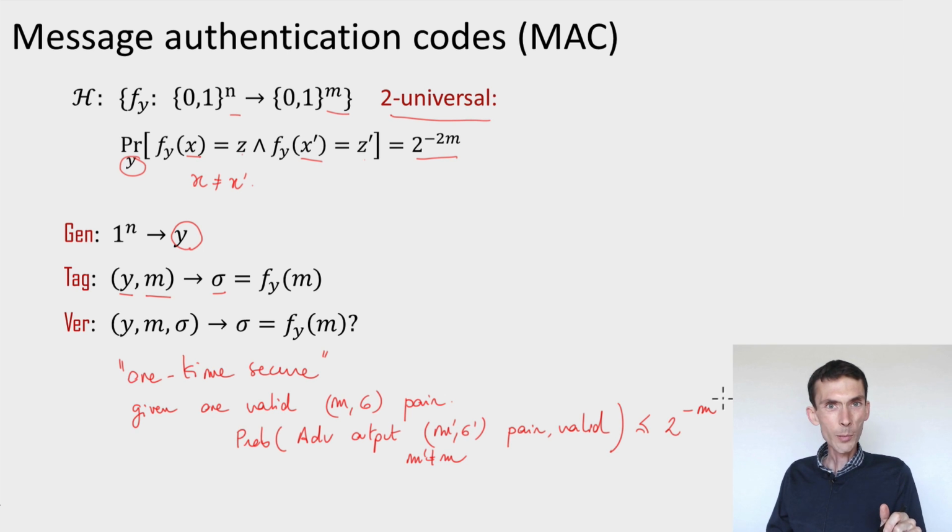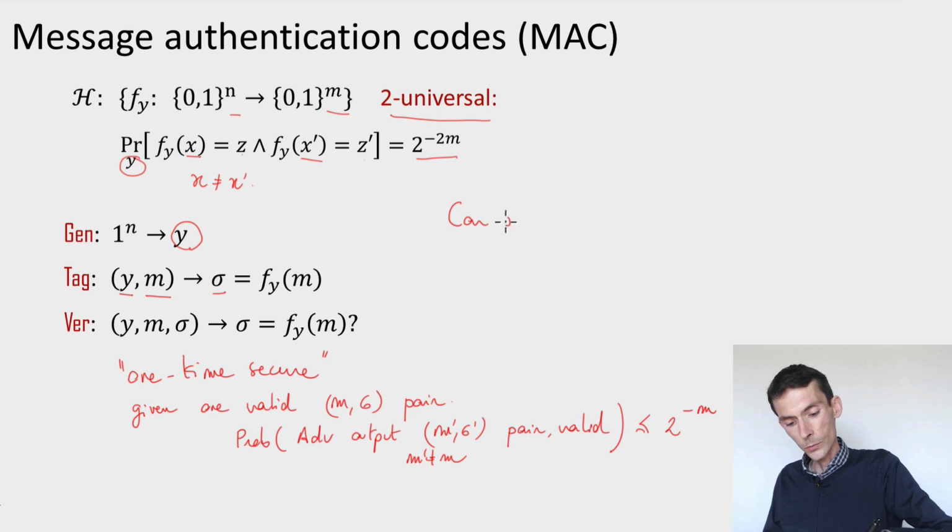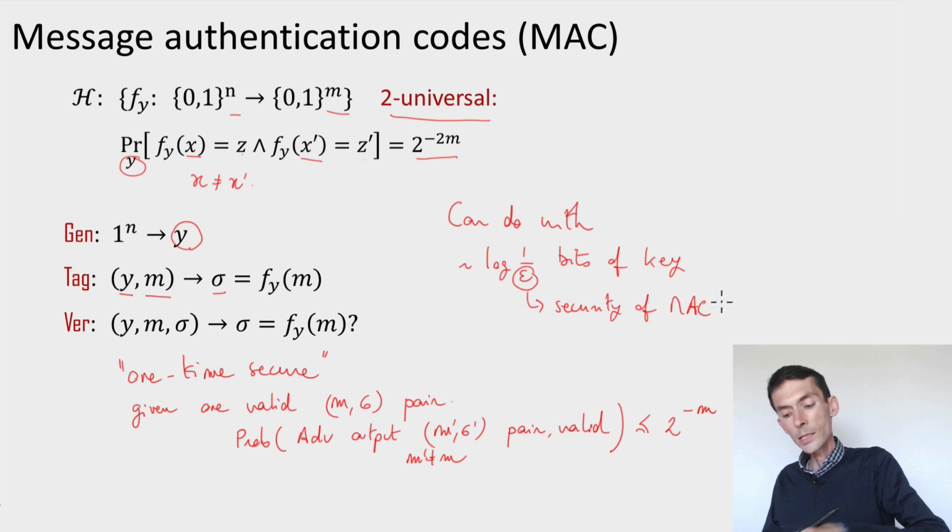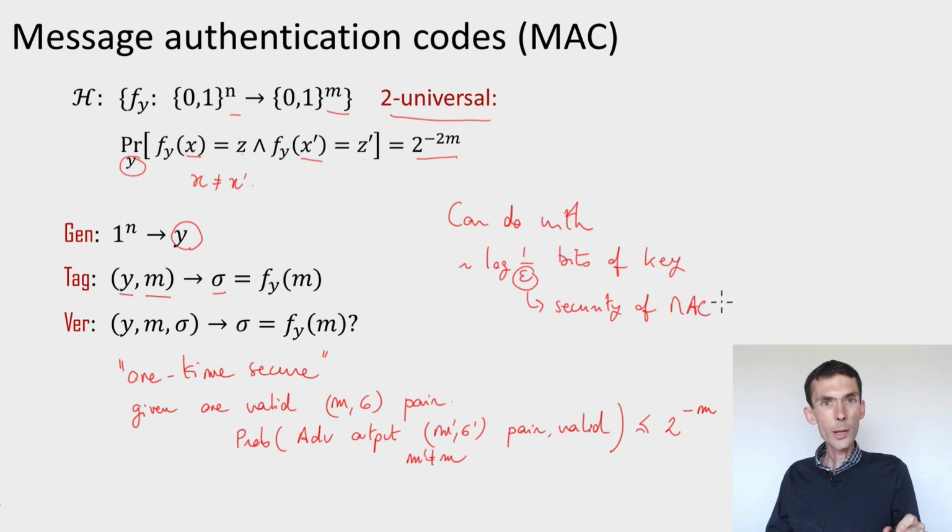You have to do something better, and in fact it turns out, using more elaborate constructions that I'm not going to discuss in this video, that you can do a little bit better. What you can do is achieve the same with roughly log 1 over epsilon bits of key, where epsilon is your security parameter. That's the security of the MAC, independently of the number of messages that you want to be able to tag.